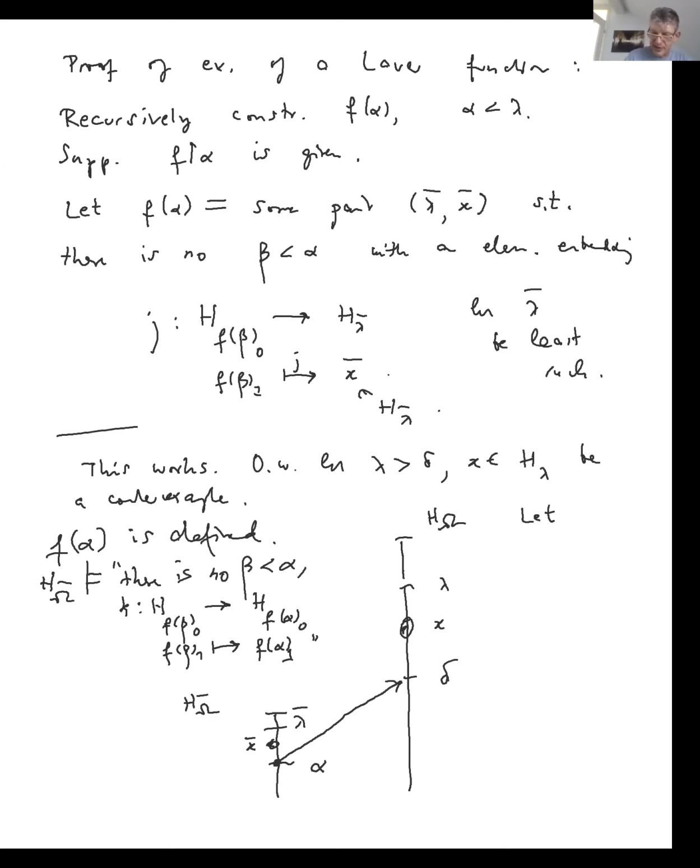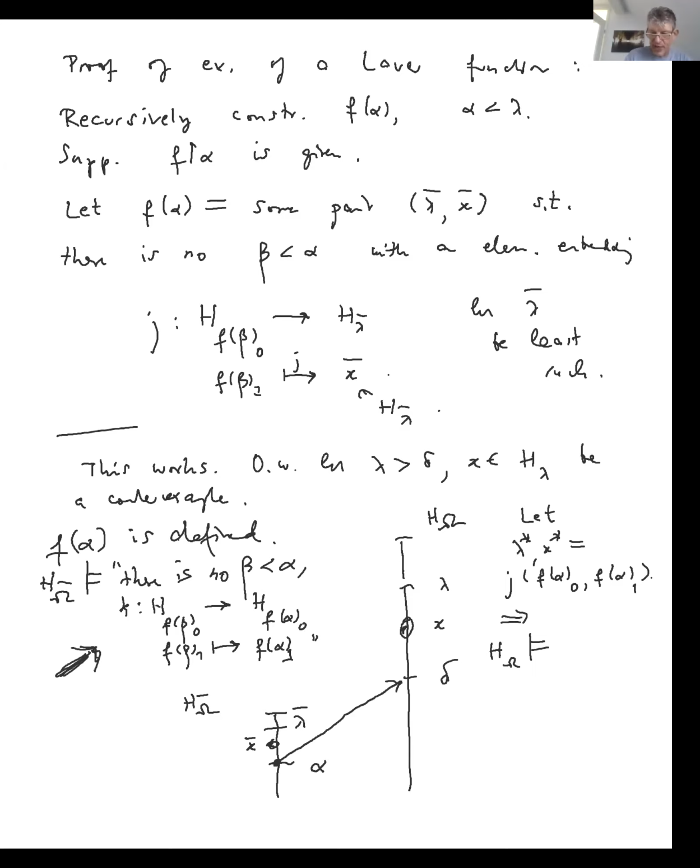So you just let lambda bar and x bar be j of f alpha 0, f alpha 1. And then we have upstairs by elementarity that h sub capital omega thinks this statement that h sub omega bar thinks.